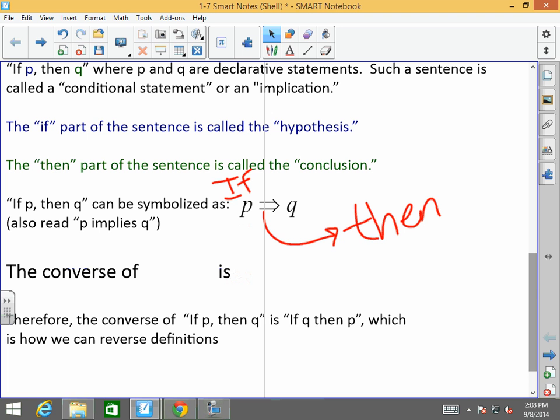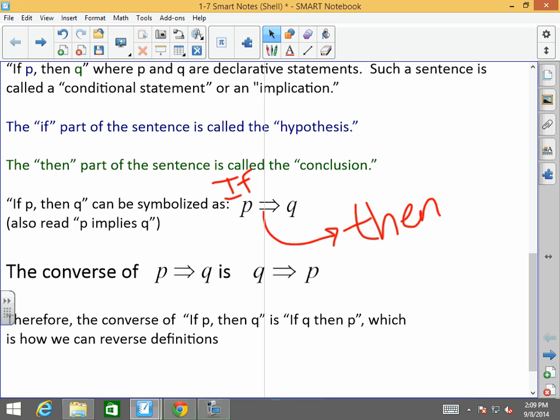Now, the converse of if P then Q is, as most of you have already figured out, if Q then P. Think back to the midpoint example that we had. We just reversed the hypothesis with the conclusion.